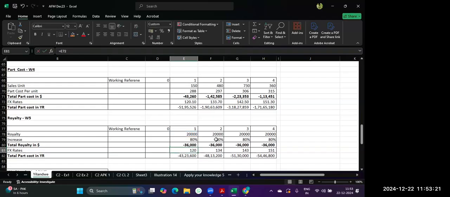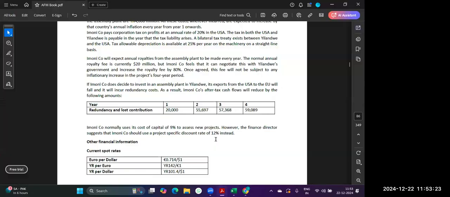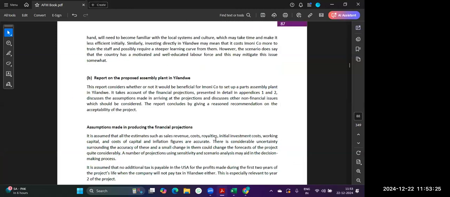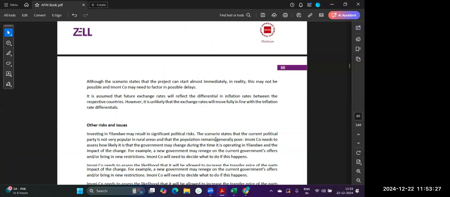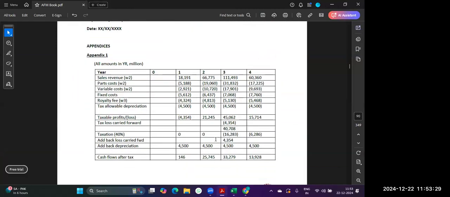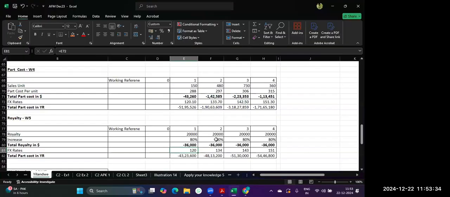Because they're trying to increase the royalty by 80%. Clear, everyone? Please finish the royalty part as well. Let me know once you are done.